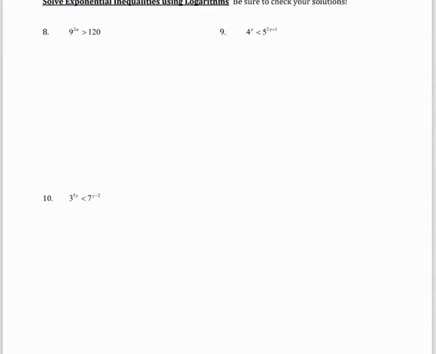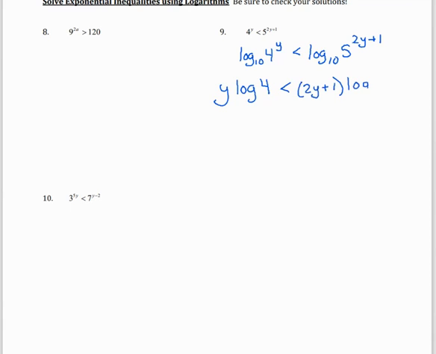I'm going to take the log base 10 of both sides. Now I'm going to drop that 10 so that you understand you don't always have to write it. Once I'm here, I can take those exponents and write them out front. So this is really saying y times the log base 10 of 4, but I don't need to write the 10, and then 2y plus 1 times the log base 10 of 5.